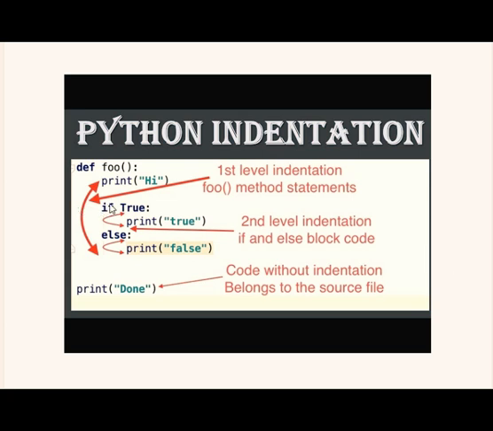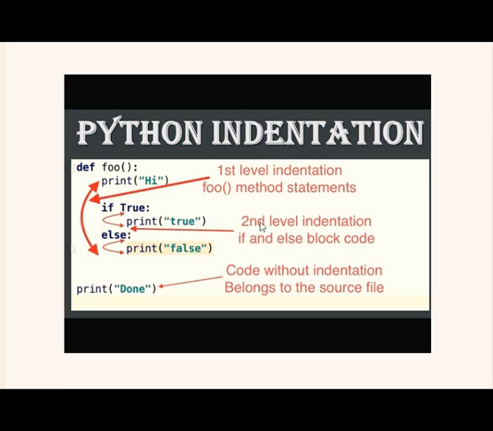So if the if and print belong to the first level of indentation, the second level is used for blocks nested within another indented block, which in this case is a print, but it can be an if statement inside a for loop.